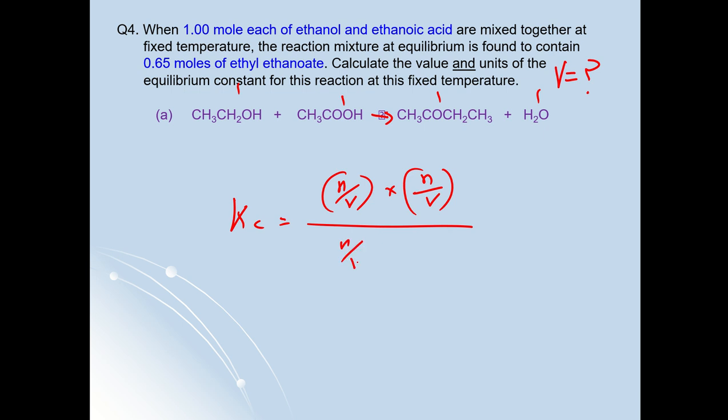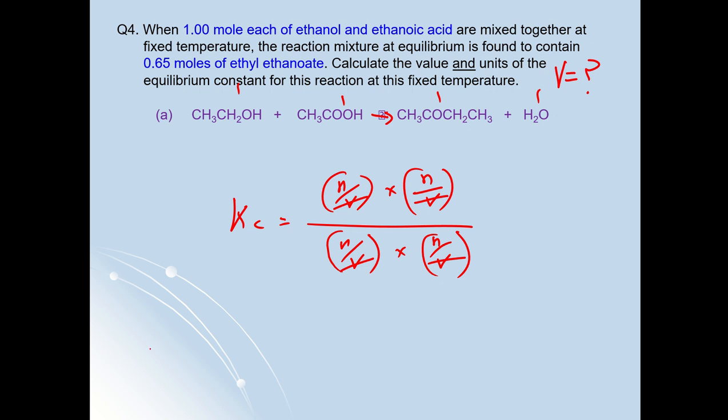The bottom line is the same, because they're all raised to the power of 1, yes? Now, we have volume in the top line, which cancels out volume in the bottom line. So in actual fact, when you have the same number of moles on the left and the right hand side of an equation, you do not need the volume.